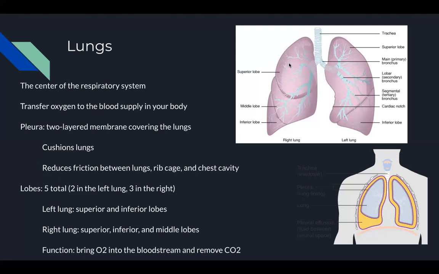Then your right lung has a superior and inferior as well, but it also has a middle lobe. I'm not sure why. It just does. There's no real importance or significance to it. The function of all these lungs is to bring oxygen into your bloodstream and remove the carbon dioxide, which is the gas exchange.